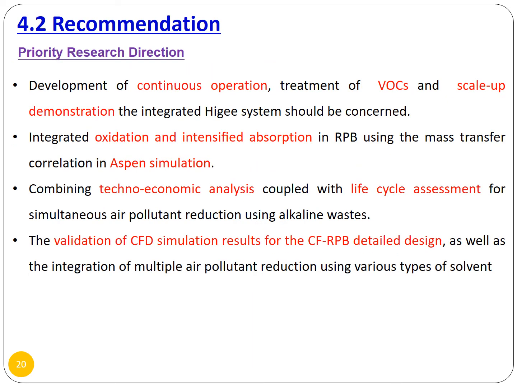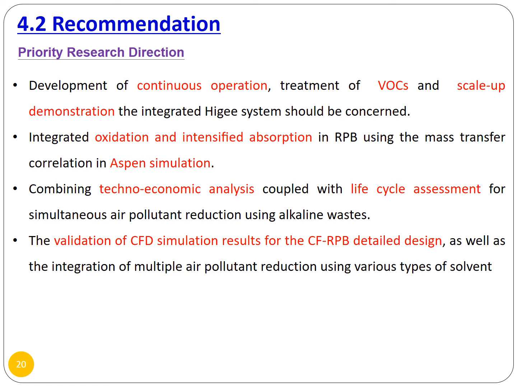So the recommendation, also called the priority research direction, is first we want to develop continuous operation, and also we want to treat different kinds of VOCs and hazardous air pollutants, and we want to demonstrate the scale-up of our system. And we want to integrate the oxidation and the absorption in one reactor using the mass transfer correlation in Aspen simulation.